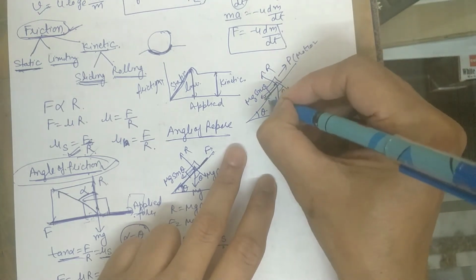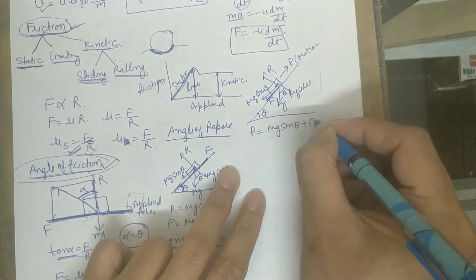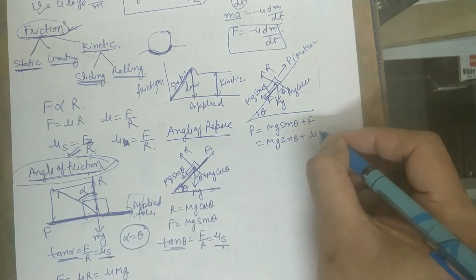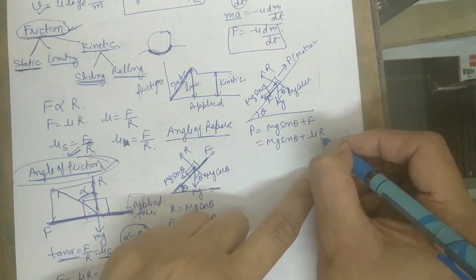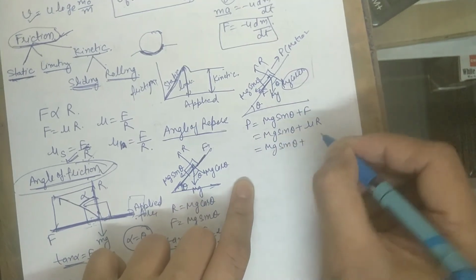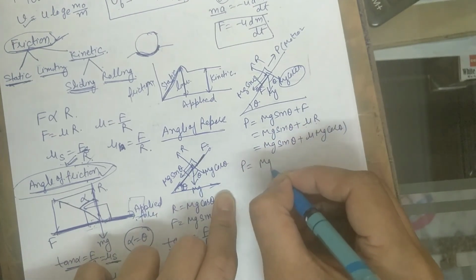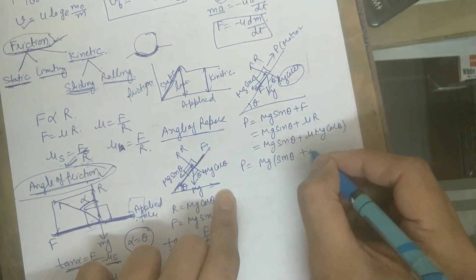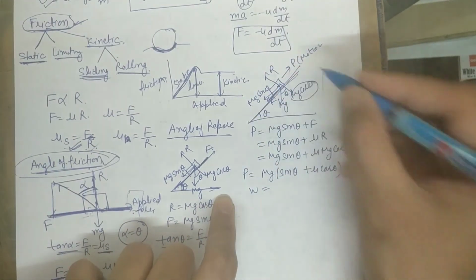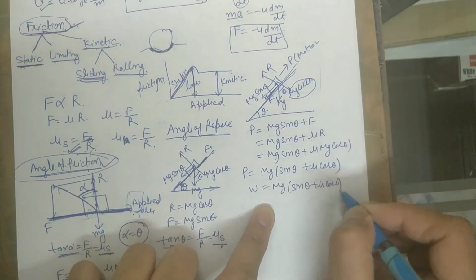Then friction is downward, so the applied force is mg sin theta plus f. Then what is f? It is mu R, and R is mg cos theta. So the applied force is mg sin theta plus mu mg cos theta, or mg times sin theta plus mu cos theta. And the work done, if the length is s, is mg sin theta plus mu cos theta into s.